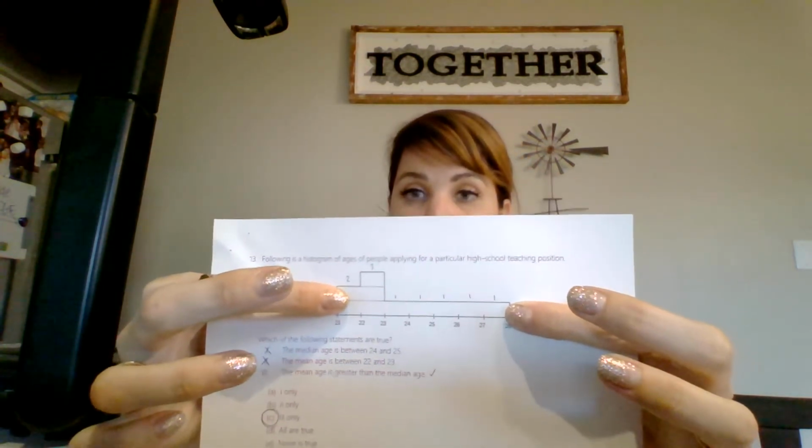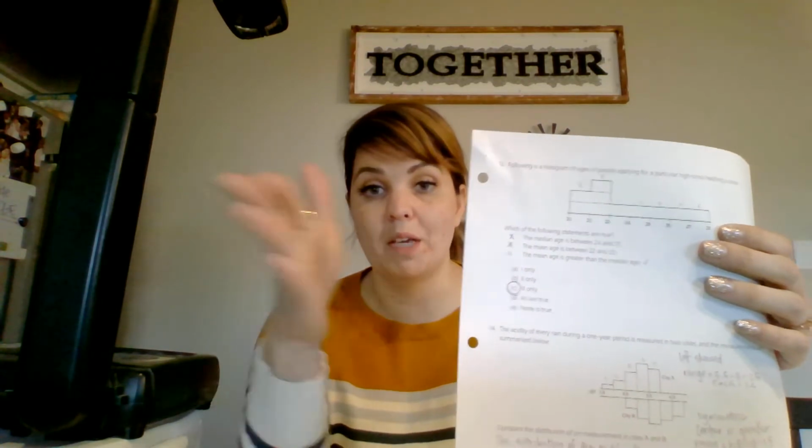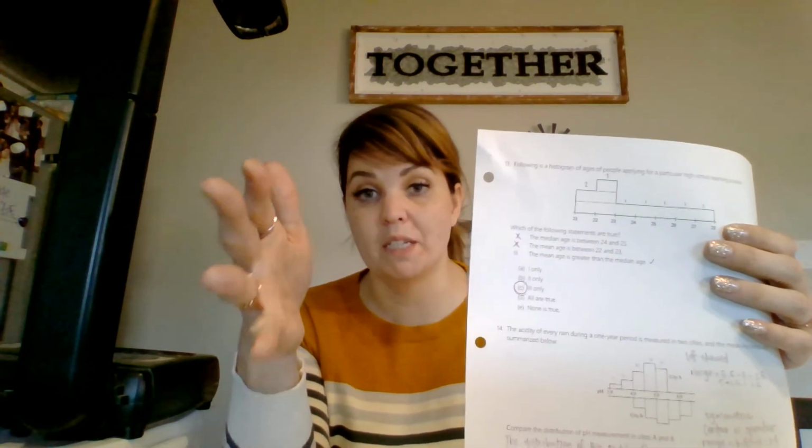And if this is 1, then this height would be 2, which means this tallest one would be 3. Now, do I know that that's what the frequencies are? No, I don't know that for sure, but I can use those to go through the statements and figure out what is true, because even if these were 10 instead of 1 and 20 instead of 2, I would still get the same answer. The median would still be in the same position.